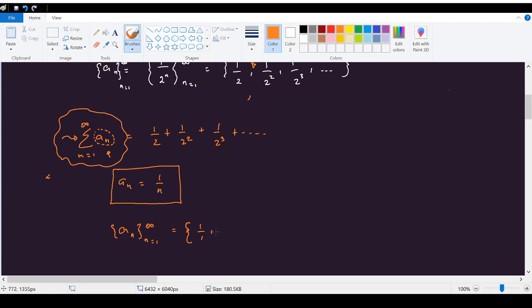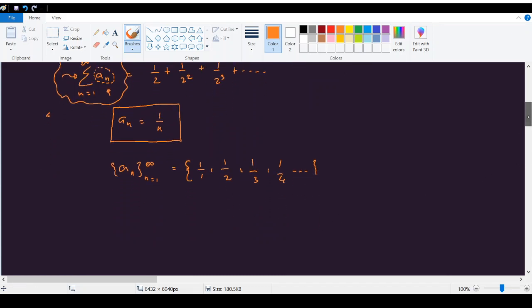That is, starting from 1, we have 1 over 2, 1 over 3, 1 over 4, likewise. In this second example, a_n is represented by 1 over n, and in the previous case a_n was represented by 1 over 2 to the power n. So this becomes the sequence.